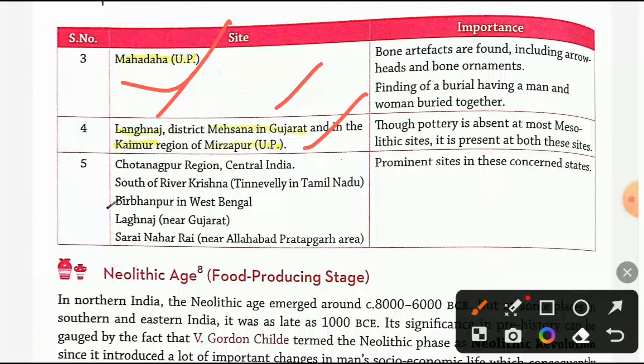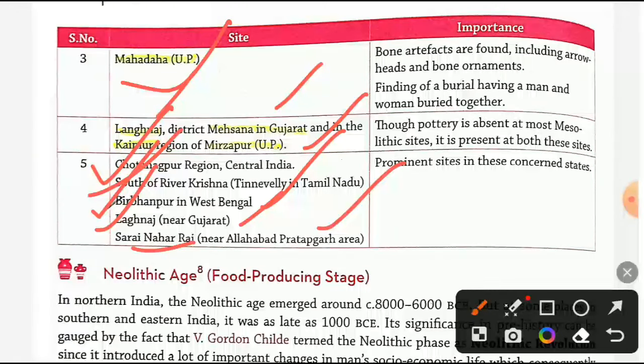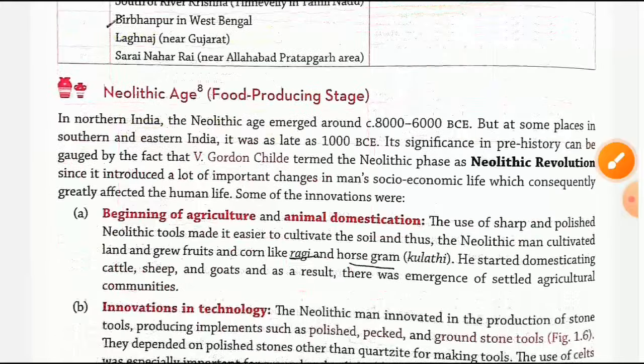Many sites are given. You have to only go through the sites once or twice before the examinations. You cannot remember all the sites. Chotanagpur region, south of the river Krishna, Birbhanpur in West Bengal, Sarai Nahar Rai near Allahabad, Pratapgarh area. So these were important sites in the Mesolithic.